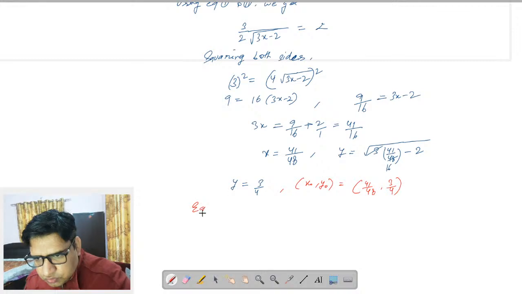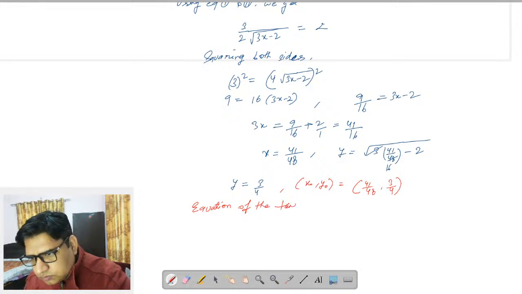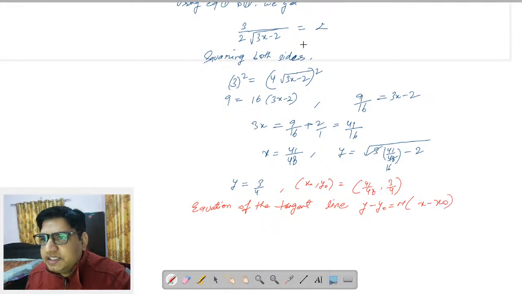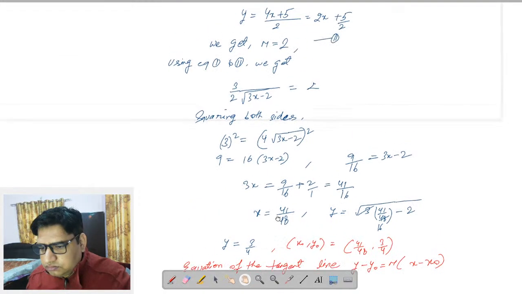So the equation of the tangent line is y minus y naught is equal to m times x minus x naught. Okay, and m as we have calculated is 2.